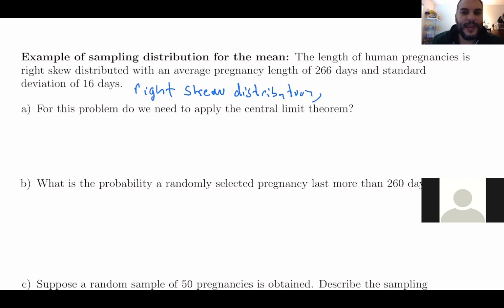They also told me the mean length of a pregnancy, which will be 266 days. And they also told me the standard deviation. So the standard deviation of a pregnancy is equal to 16 days. So far, that's what's given to me in the problem. Everybody gets so far that this is a right skew distribution. The mean is equal to 266 and sigma is equal to 16.